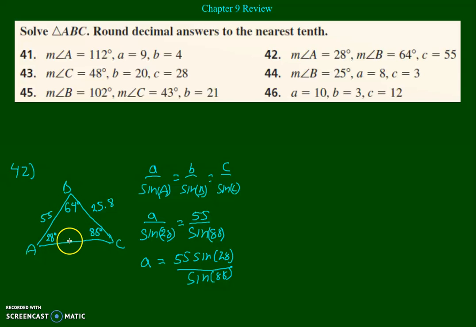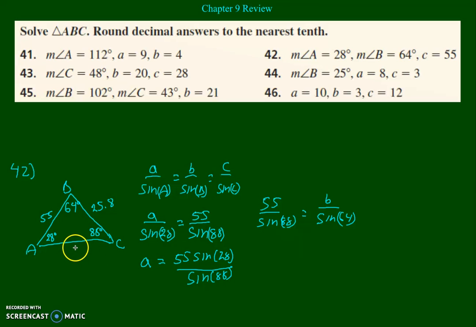Now, let's find b in the same fashion. We'll use 55 over sine 88 equals b over sine 64.